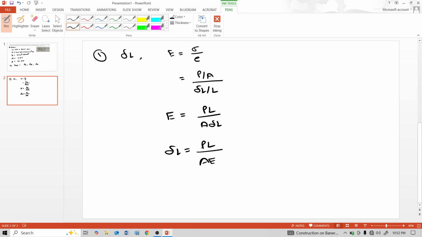Change in length is equal to axial tensile force multiplied by original length of that steel bar, divided by area of that steel bar and Young's modulus of that steel bar. With the help of Young's modulus formula, we get the change in length formula.